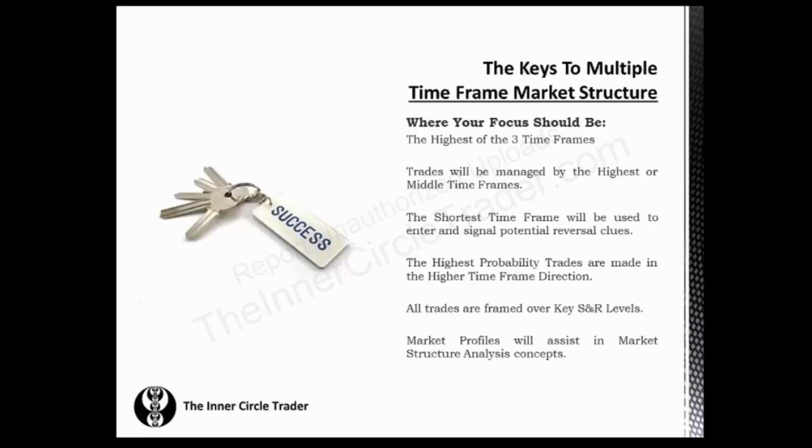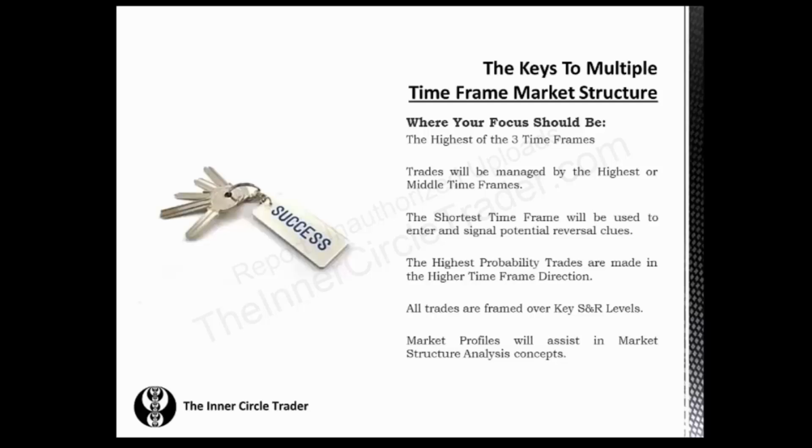Your entry signals would be derived from having studied the market structure on the daily and the 4-hour. Then your 1-hour chart would facilitate the specific entry point. So you would do your entry concepts and techniques on the 1-hour chart for swing trades.